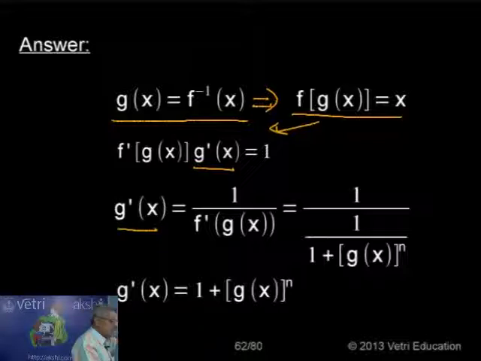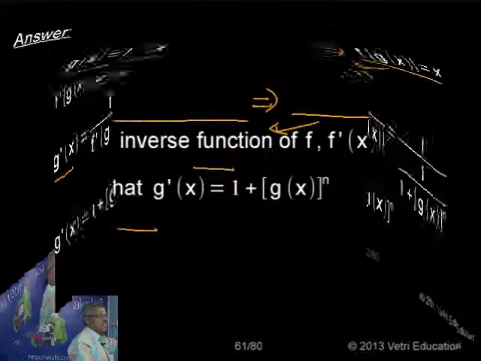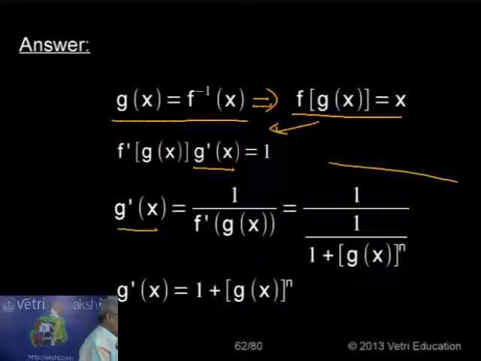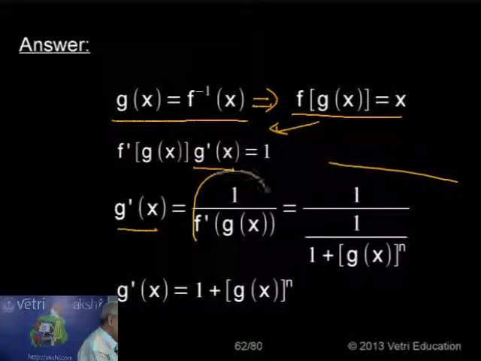It is given that f'(x) is 1 by 1 plus x power n. If you have x here, you get x power n. Accordingly, instead of x, we are having g(x), so f'(g(x)) is 1 by 1 plus g(x) power n.